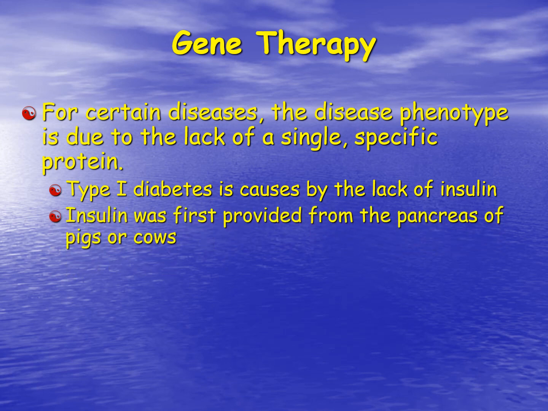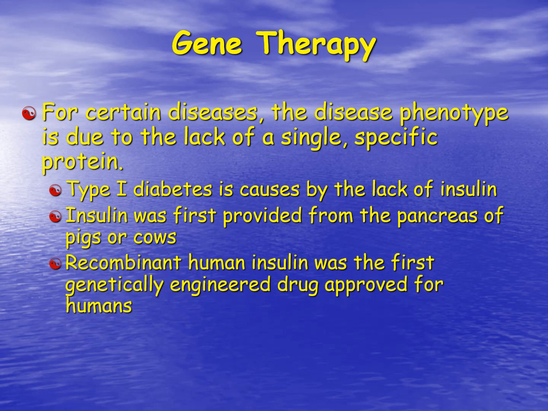Insulin was first provided to treat these patients from the pancreas of pigs or cows, but this was a very time-consuming process. So recombinant human insulin was the first genetically engineered drug approved for use in humans. And now all of the human-based insulins that we use in both humans and animals today are recombinant products, primarily from recombinant E. coli.